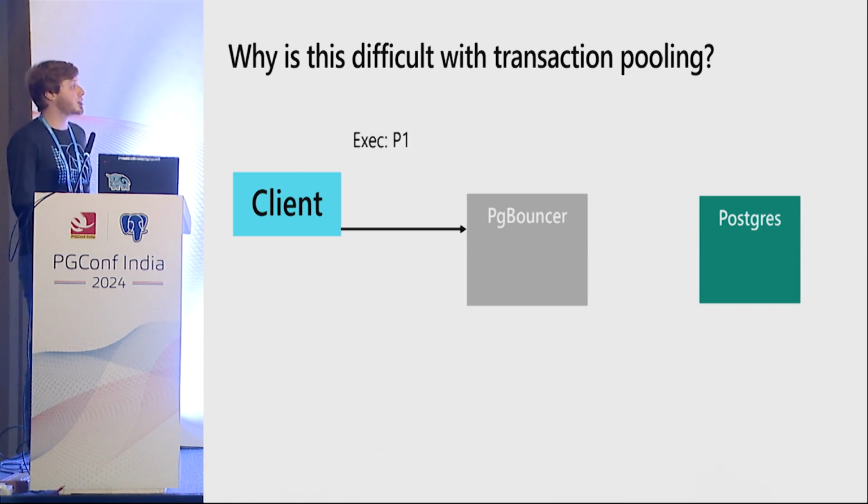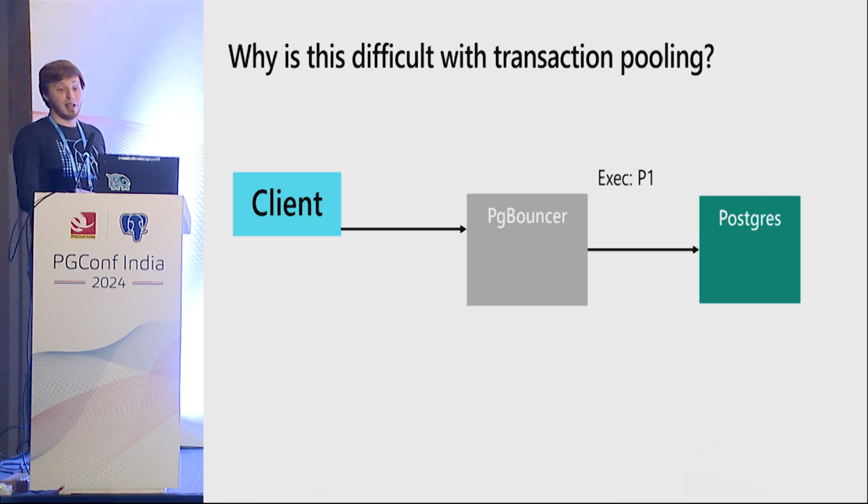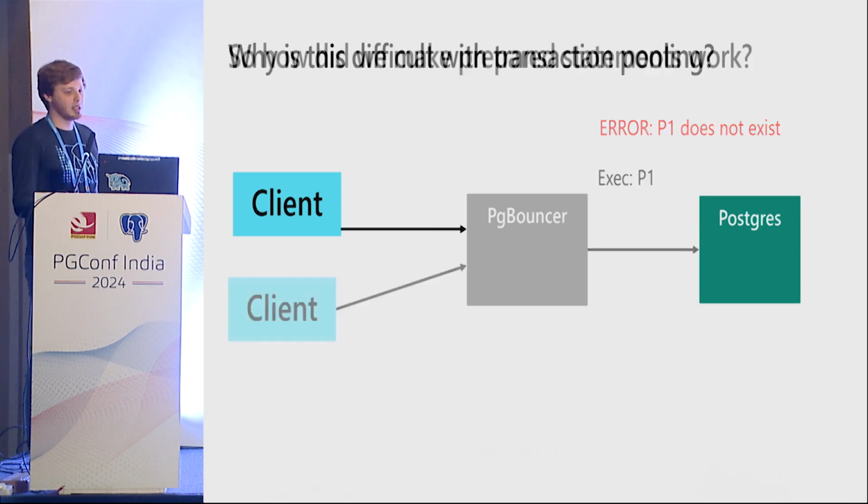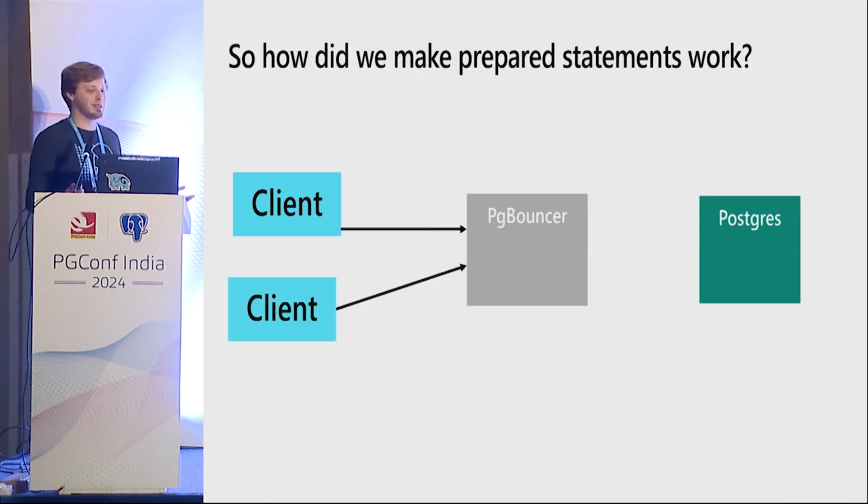So the client will now send exec P1 because it still thinks its connection to PgBouncer is still open, so this prepared statement still exists. And then Postgres is like, I don't know this thing. What are you talking about? This is a new connection. I don't have any prepared statements. So yeah, that's problematic.